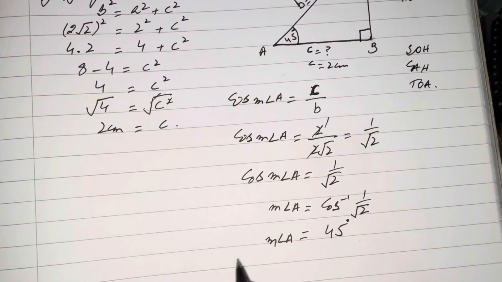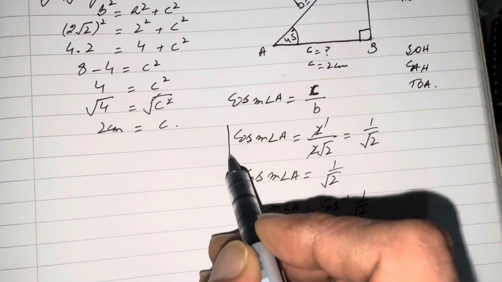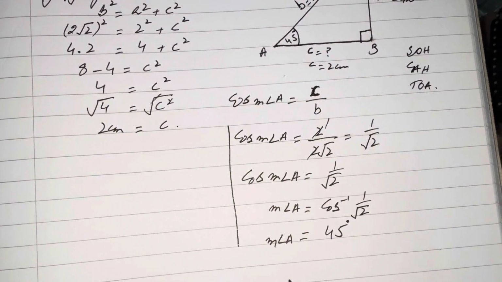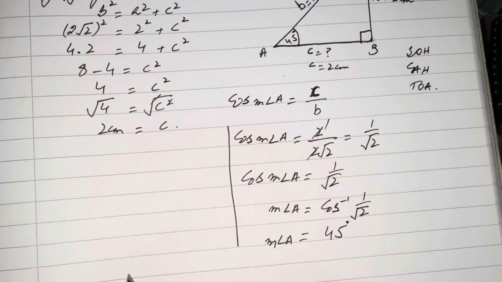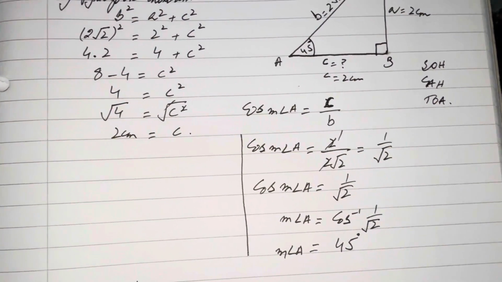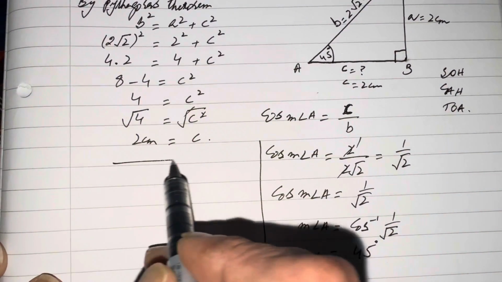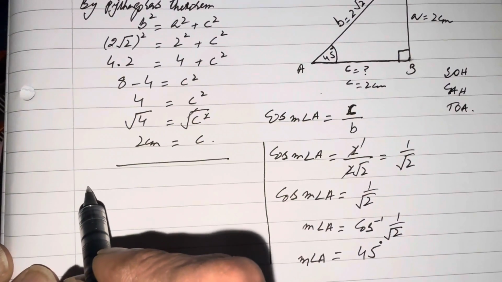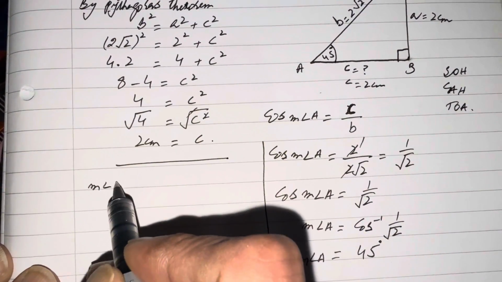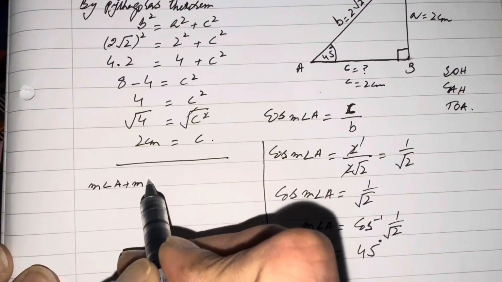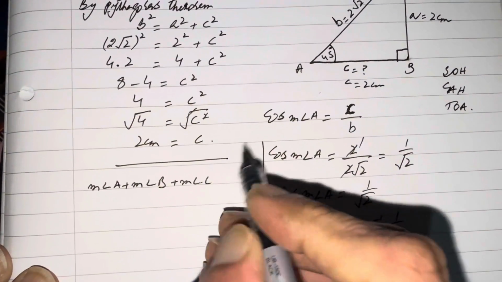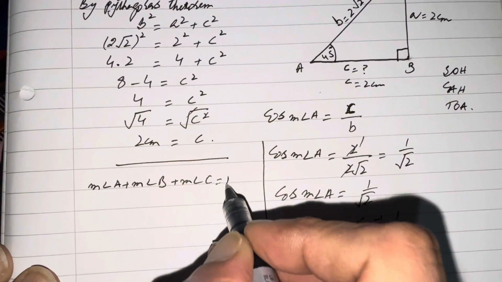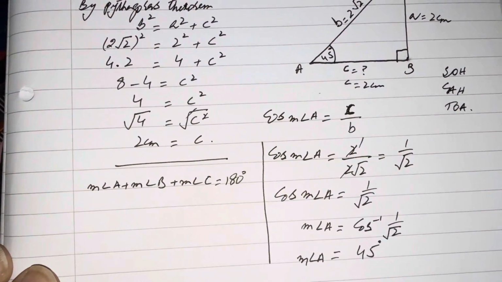So we can say that measure of angle A plus measure of angle B plus measure of angle C is equal to 180 degrees.